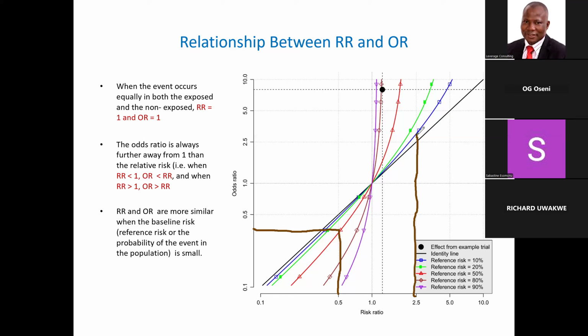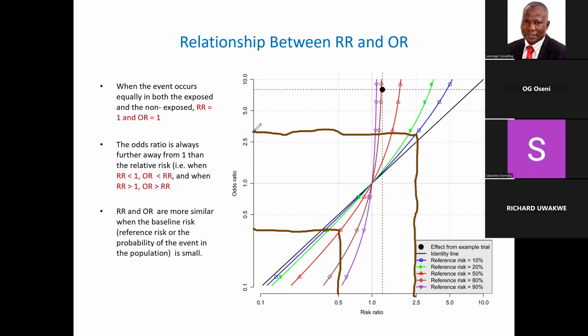Look at this blue. Let's trace it back to the corresponding value of the odds ratio. Can you see? At the relative risk of 2.5, which is greater than 1, the corresponding odds ratio is greater than 2.5. It's maybe 2.6 or more, even 3, or maybe 5. You can see the demonstration now.